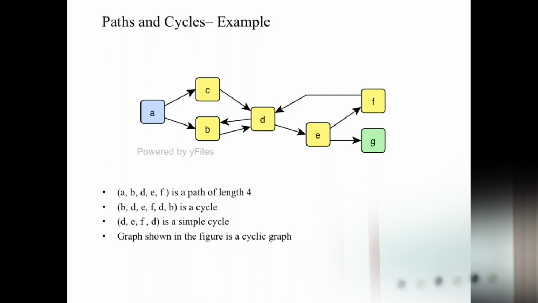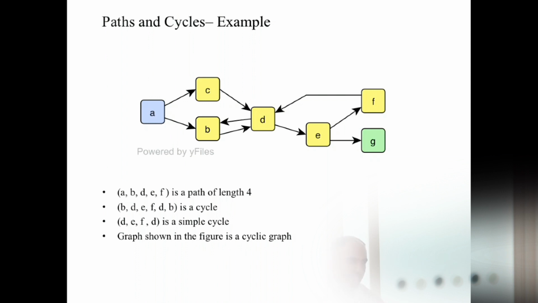We have some basic forms of graphs that we call directed and undirected graphs. In this case, the edges have a particular direction, so this is a directed graph. But then a directed graph could also be a cyclic graph. We call a graph a cyclic graph if it contains one or more cycles.